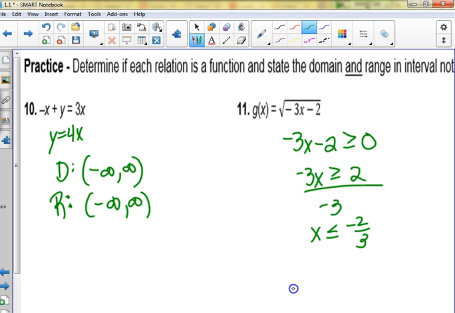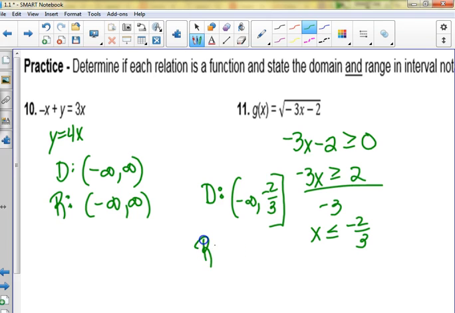Okay. Now how do we write it in interval notation? Included, because you can take a square root of 0.